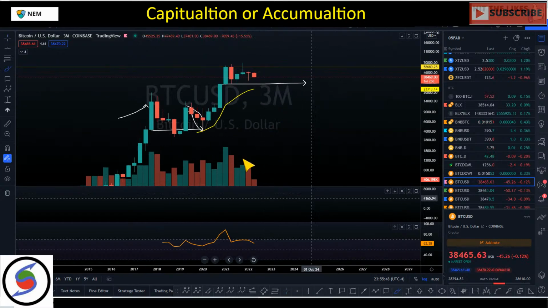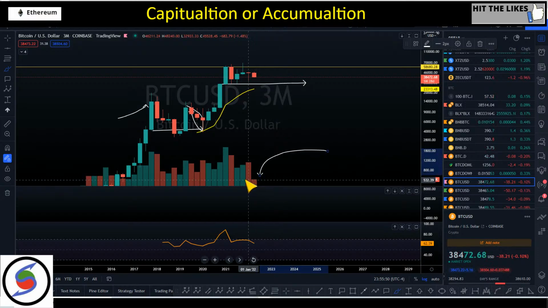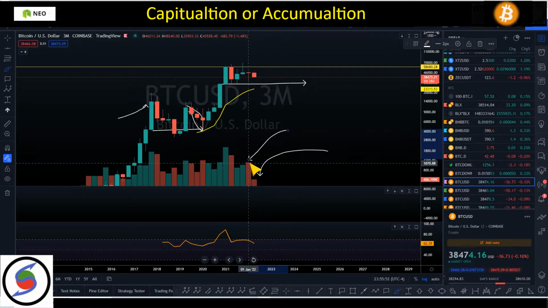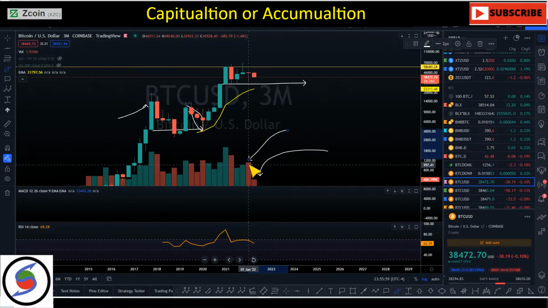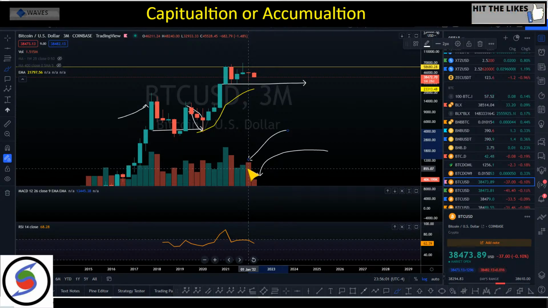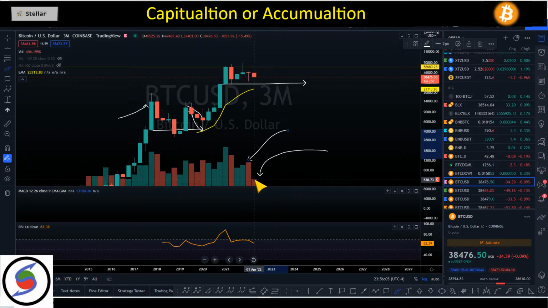Now on the quarterly basis, one thing we want to point out is the volume. It is still low on the high time frame. Last quarter volume was right around, that's Coinbase right here, 1.5 million. We got 1.5 million last quarter, meaning the first 3 months of the year, and right now we only got like 400,000.